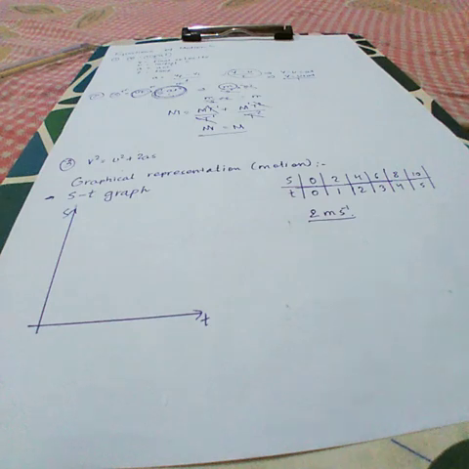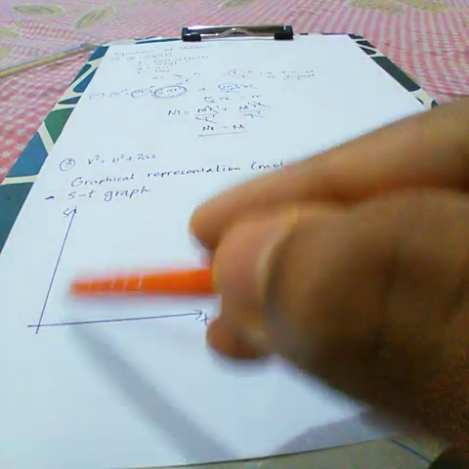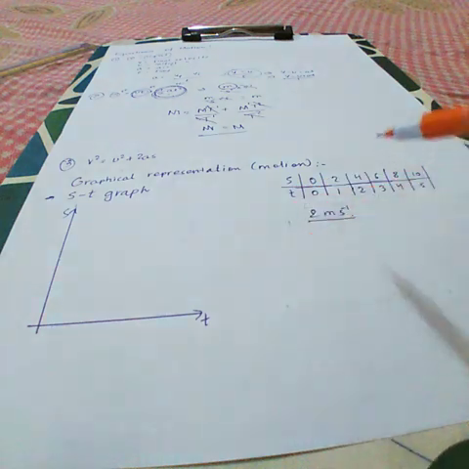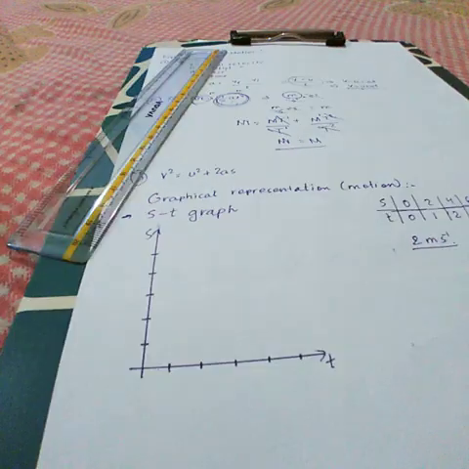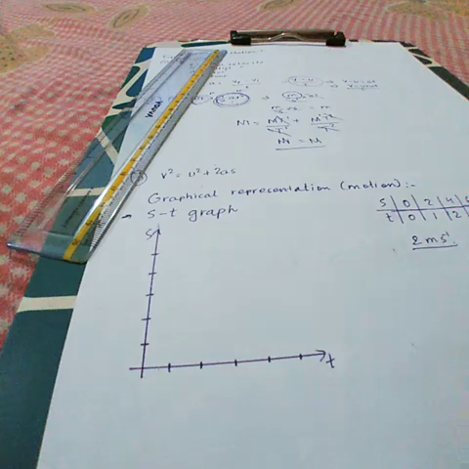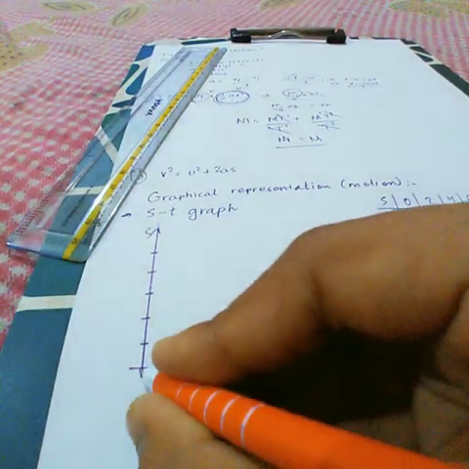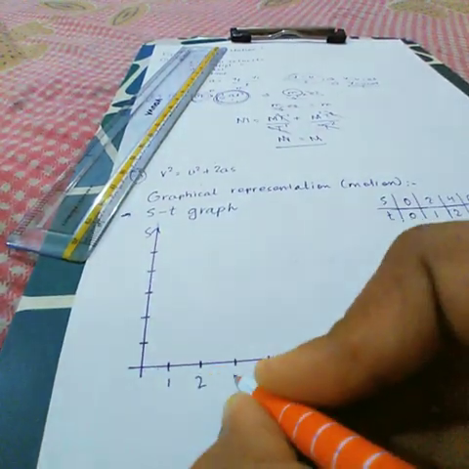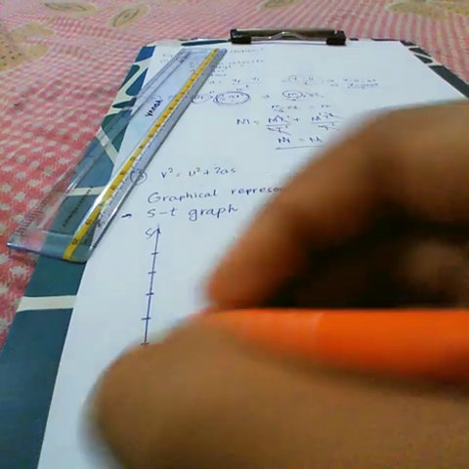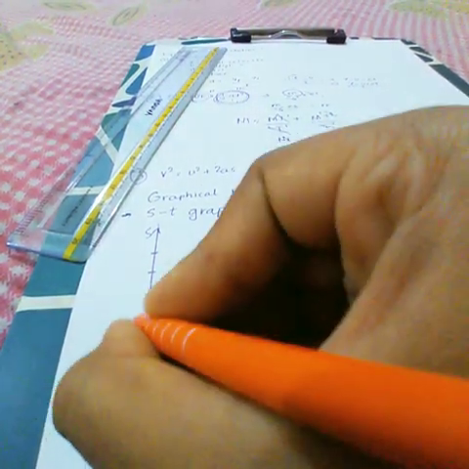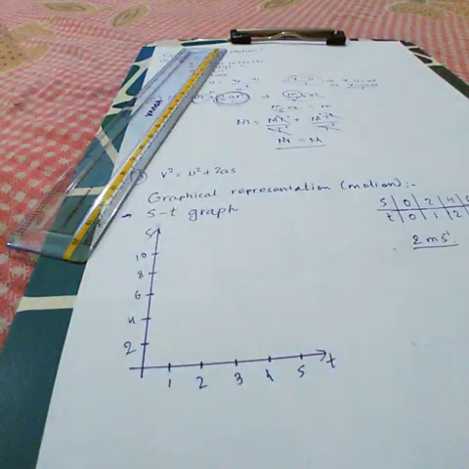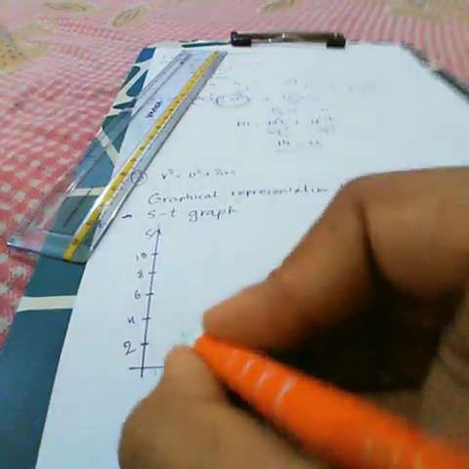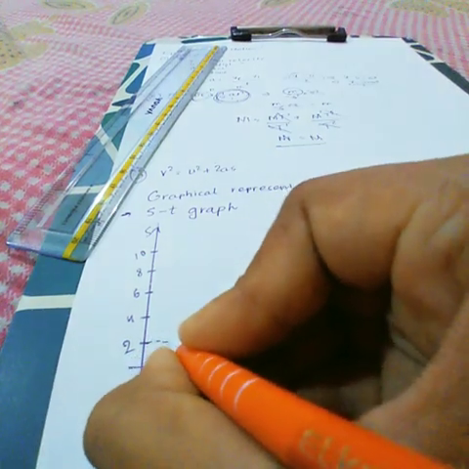Now for graphically representing this on this graph, we need to first locate the points. So now we have located the points. This is 0 second, 1, 2, 3, 4 and 5, and from this we can mark 2, 4, 6, 8 and 10.